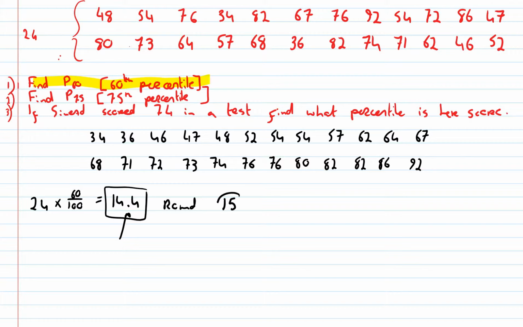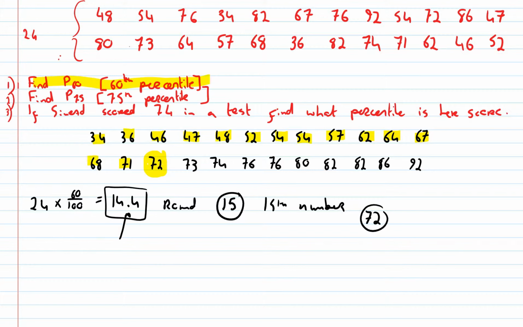So it's 15. So we're looking for the 15th biggest number in the data. So here we go: 1, 2, 3, 4, 5, 6, 7, 8, 9, 10, 11, 12, 13, 14, 15. So our answer is 72.